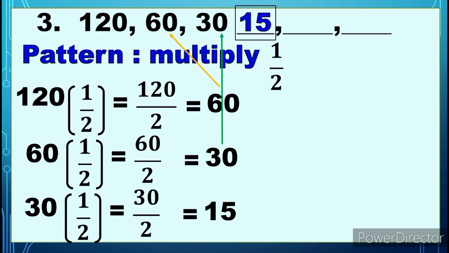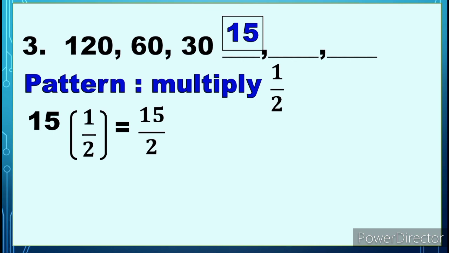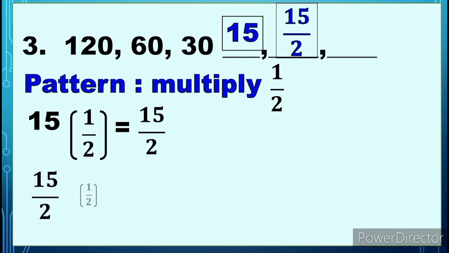And to find the next term, after 15, we have 15 times 1/2 is equal to 15 over 2. So, hindi na natin siya masisimplify. So, we have now 15 over 2 is the next term. And to find the next term after 15 over 2, we have 15 over 2 times 1/2 equals.